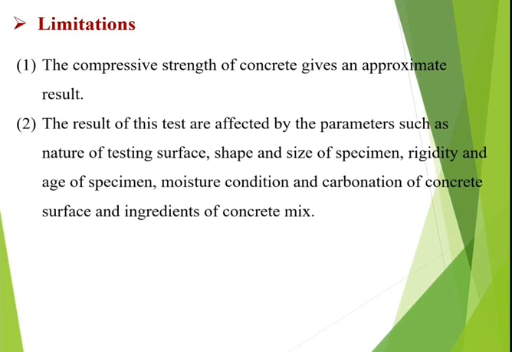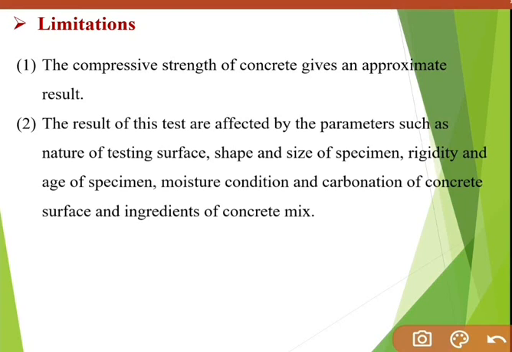Some limitations also there for the rebound hammer test. First one is the compressive strength of concrete gives an approximate result. It does not give the accurate, but it gives approximate result. Second, the results of this test are affected by parameters such as nature of testing surface.